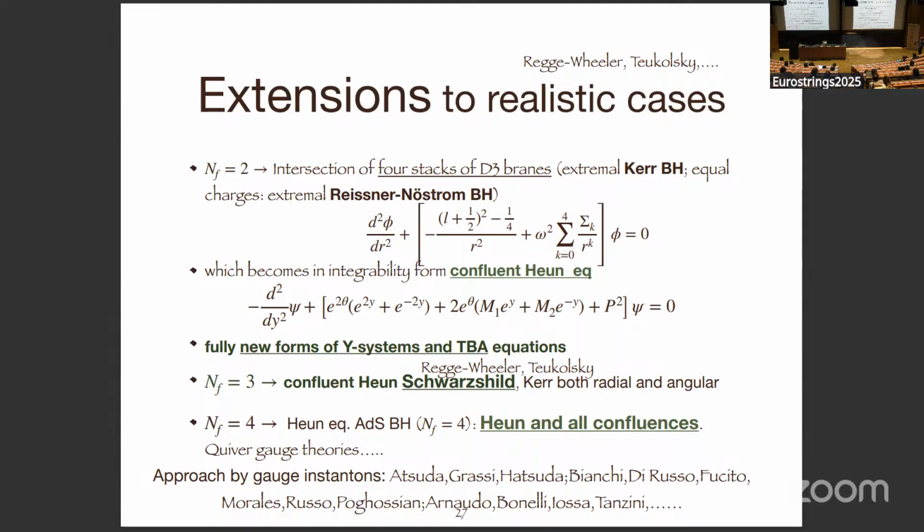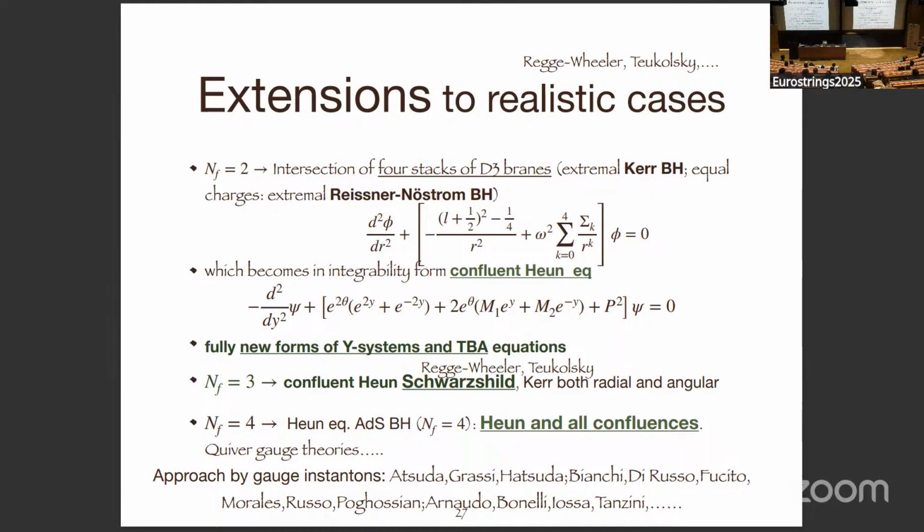In particular, in recent times, we focused on NF equal 4, and then we made the confluence to NF equal 3. This is the number of flavors you add in the gauge theory, in which you have exactly this equation. And for this equation, we are really able to tackle the problem of the Teukolsky equation for Schwarzschild and Kerr or Regge-Wheeler.